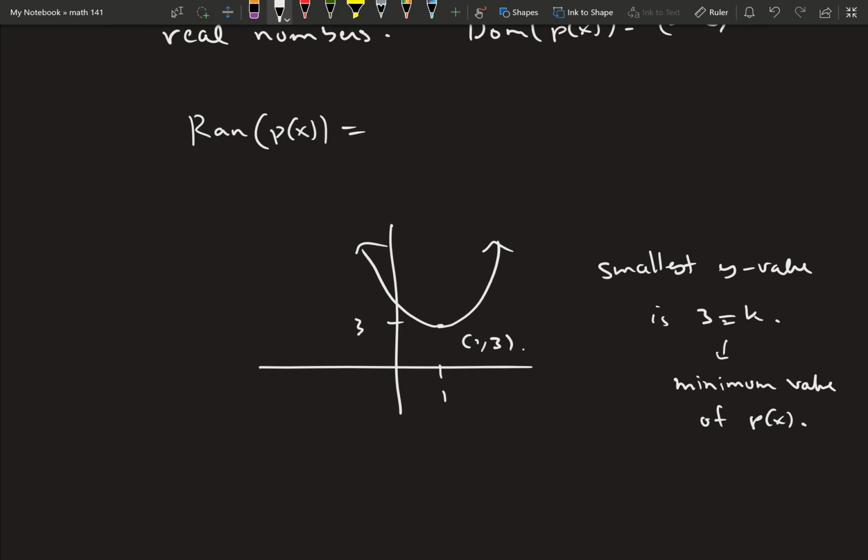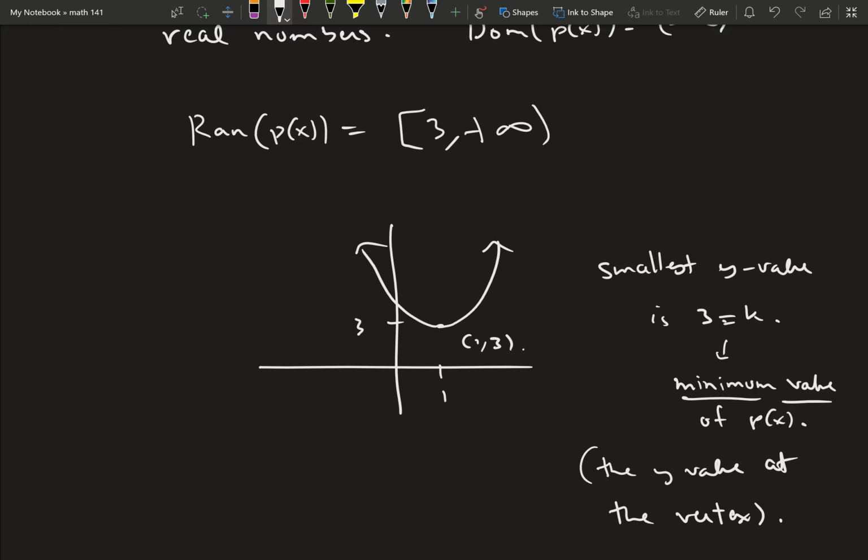This is essentially the y value at the vertex. That's what we mean by minimum value. And then it just goes up from there, right? So the y values that occur are at least 3, but then you get every single y value above that. So the range ends up being 3 to infinity.